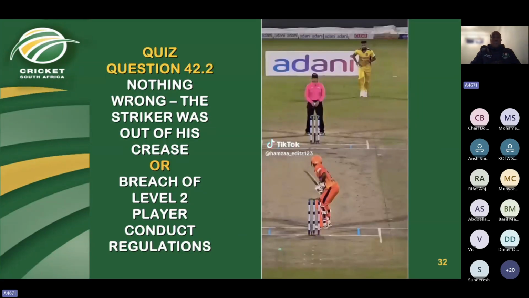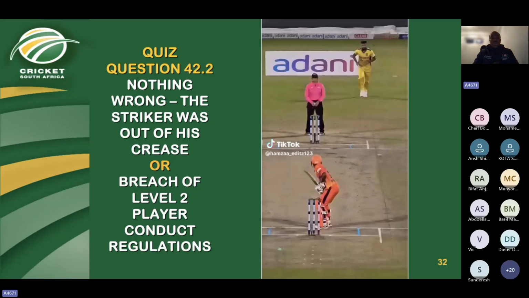Now, we are moving on to Law 42. And Law 42, you will soon find out, is player conduct. So this happens, unfortunately, regularly in all levels of cricket. So let's see what happens and let us decide. Are we as umpires going to allow this to carry on?